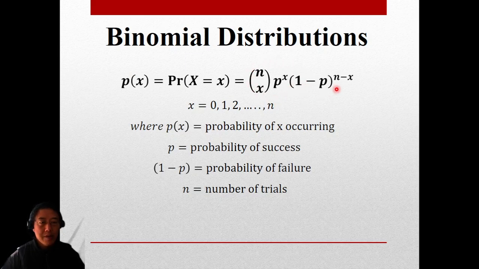You should have seen that before. The first one is a coefficient that is based on the combination. We'll look at how we calculate that. Probability of success to the power of x. The probability of failure to the power of, it's the complementary, n minus x. Alright, I think we have defined everything here.